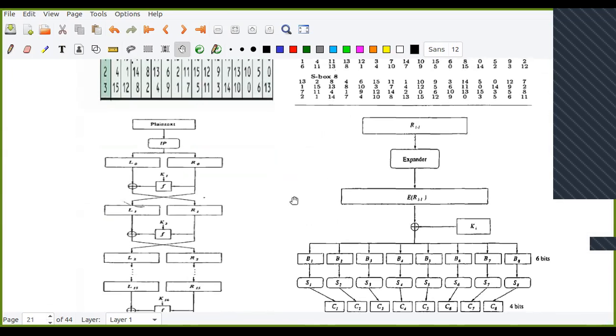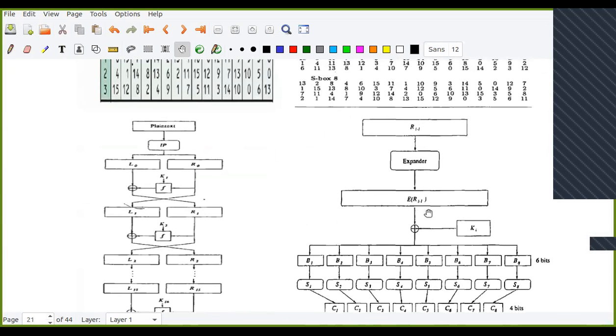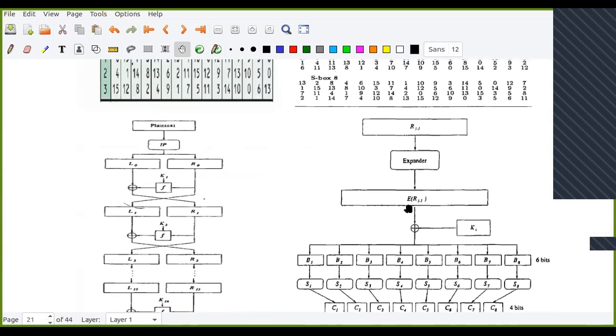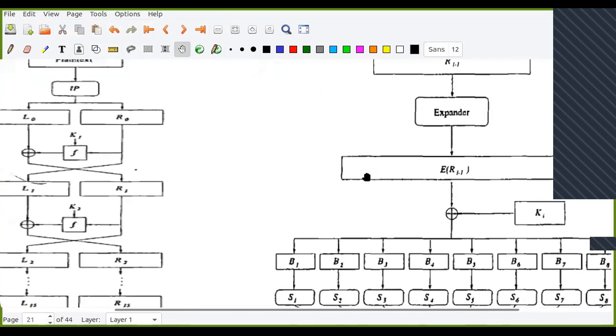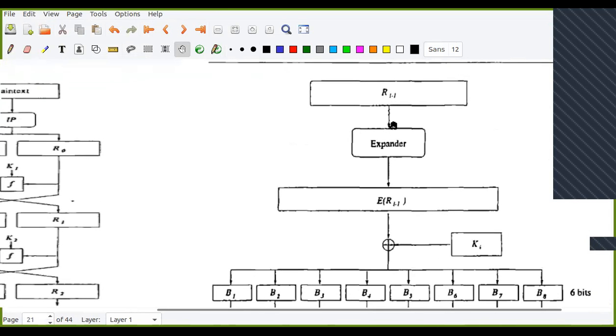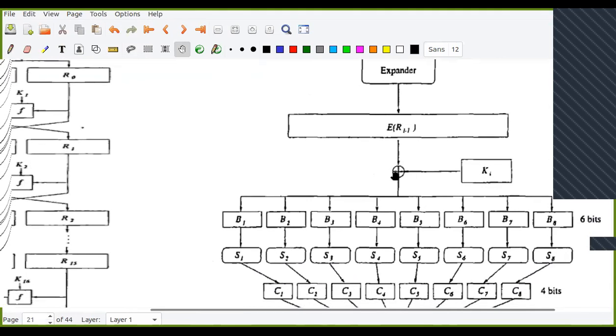Now again, come back and try to understand. We have the right information, then E of this. What is E doing? What is E of Ri? It converts 32 bits to 48 bits. This is XORed with the key.